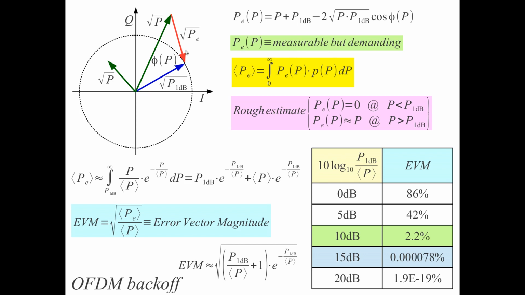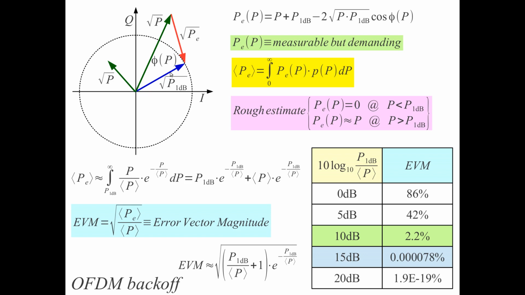But there is a very rough estimate we can make with our calculation. If we are inside the circle, so if the requested power is below P1 dB, we can correct everything in digital predistortion, so the error power is equal to 0.